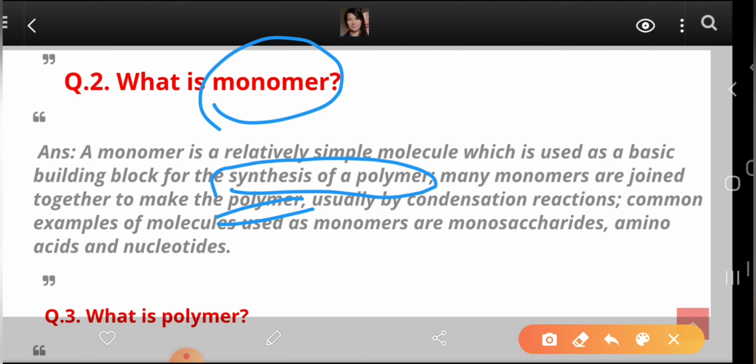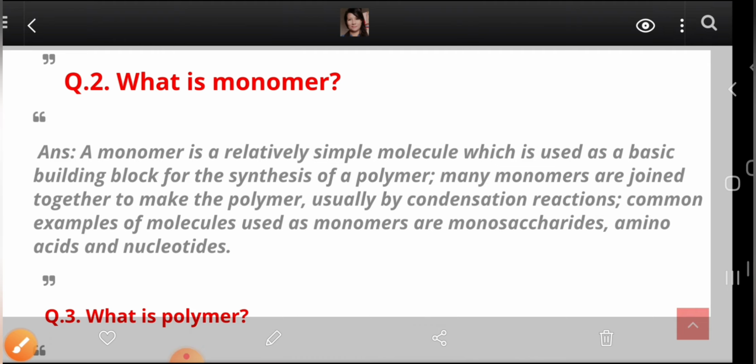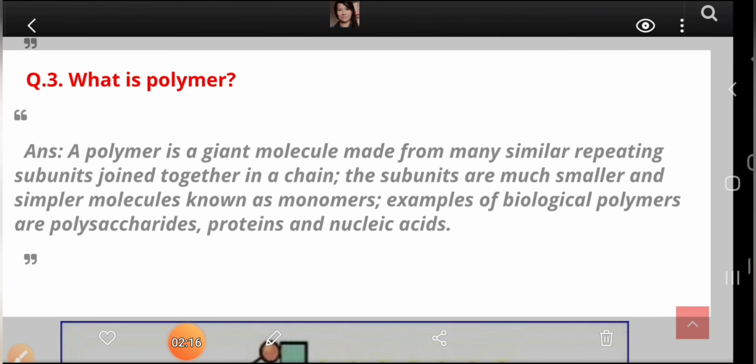Usually by condensation reaction. I will explain details about what a condensation reaction is. Common examples of molecules that are used as monomers are monosaccharides, amino acids and nucleotides. All right, now you know the monomers. But how about polymers? Poly means many.